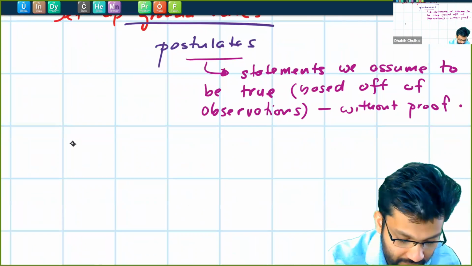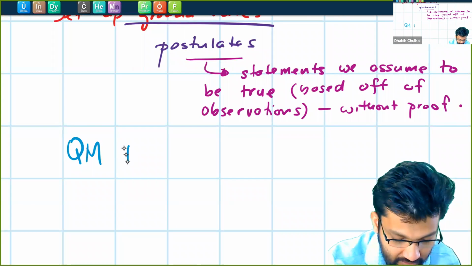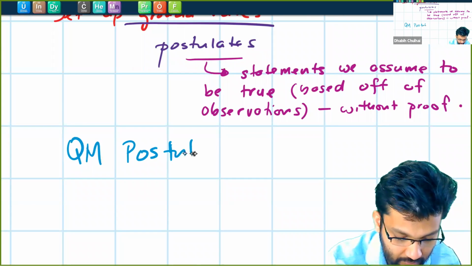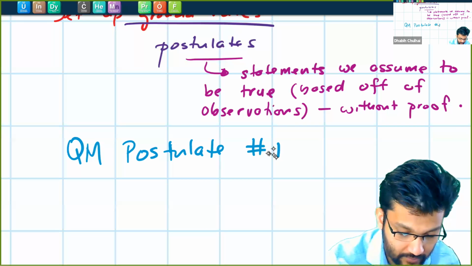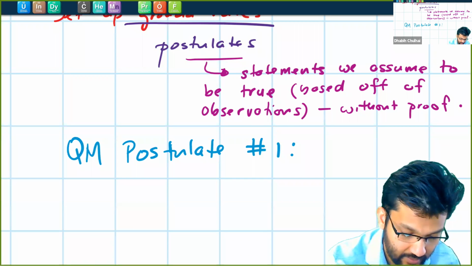So our first quantum mechanical postulate, number one, let's use a nicer pen.